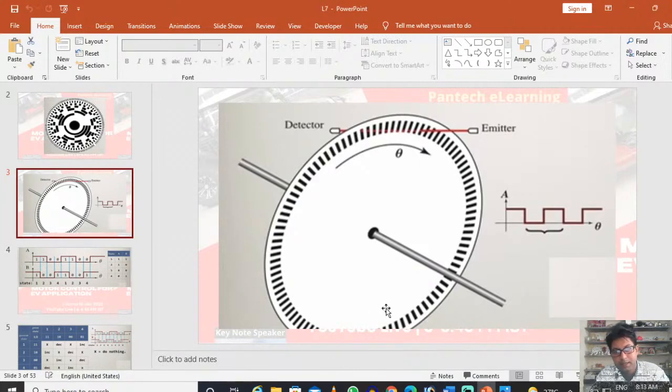If there is another track, offset from the first, that means the hole of the bottom track will be in between these two. So when the pulses are generated, both pulses will be 90 degrees apart. How is it? Let us see.